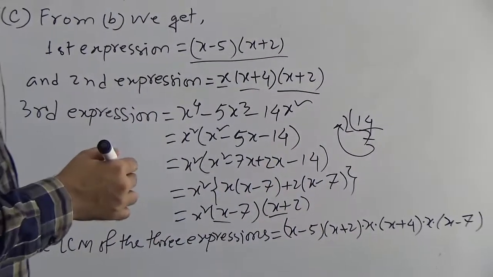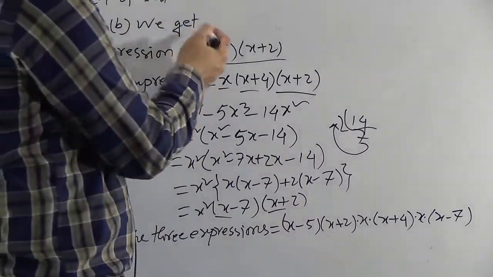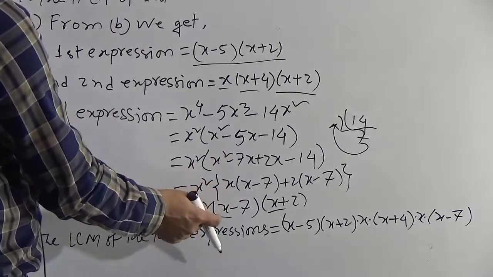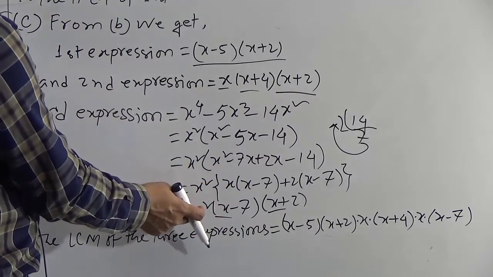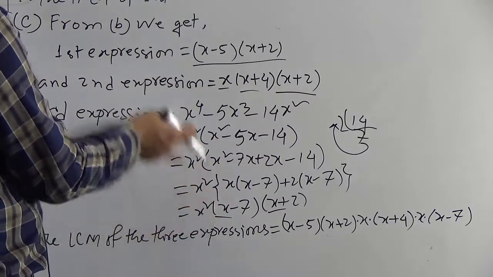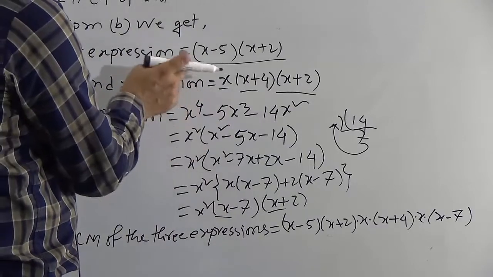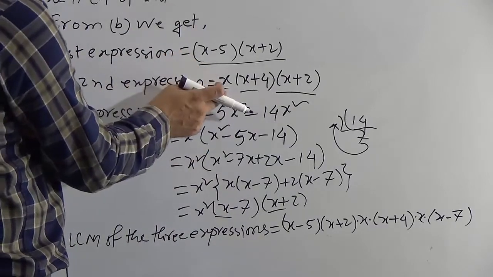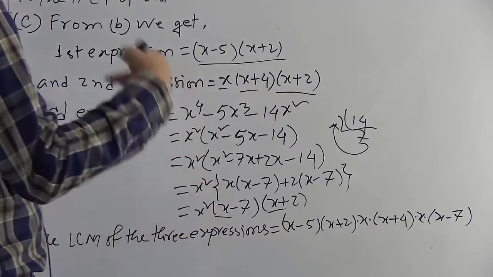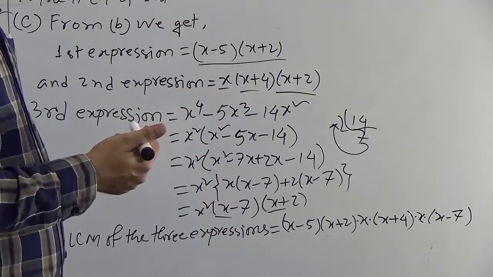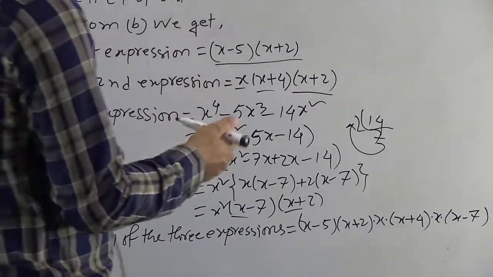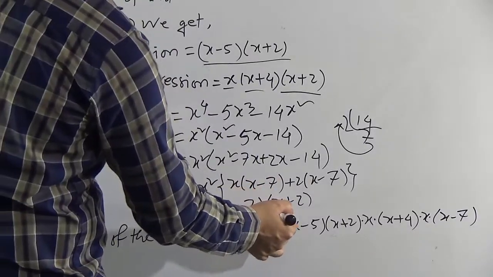You can use another method also. Just observe and at first take the highest index of x. Only x here. In the first expression there is no extra x. Here is x, here is x square. So you can take directly x square. Then you can take the common x plus 2.